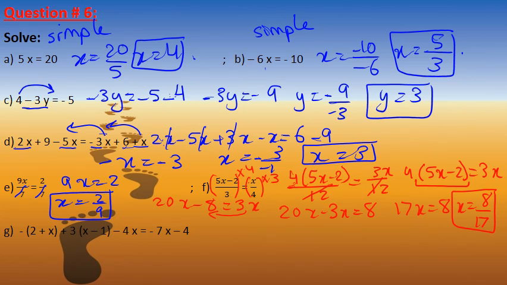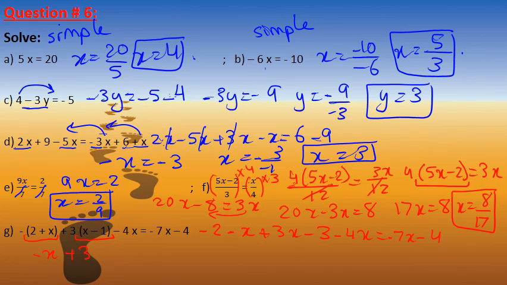We should get rid of the parentheses by multiplying by minus, and we multiply this by plus 3. So minus 2 minus x plus 3x minus 3 minus 4x is equal to minus 7x minus 4. We get all the variables to the first side.